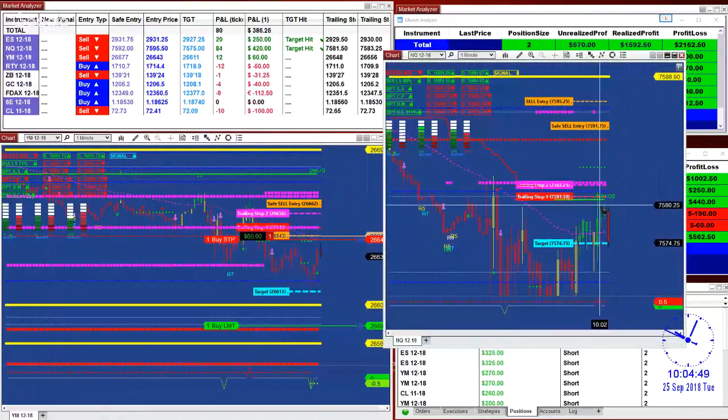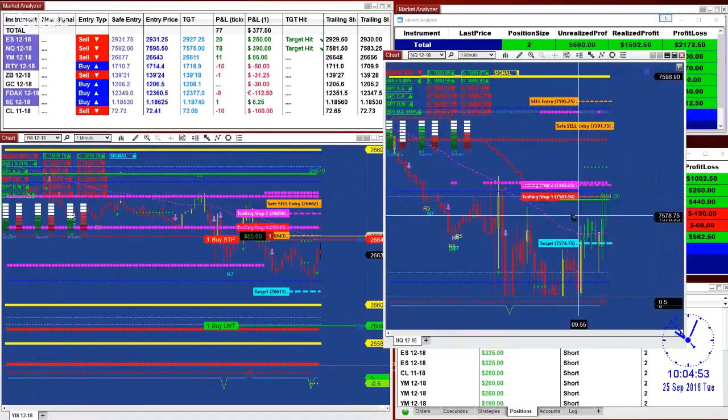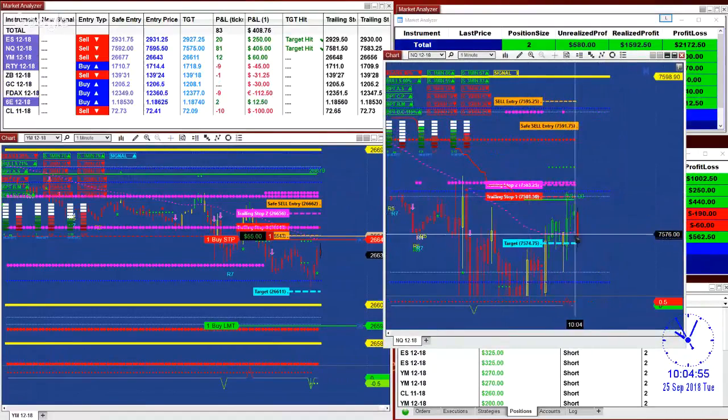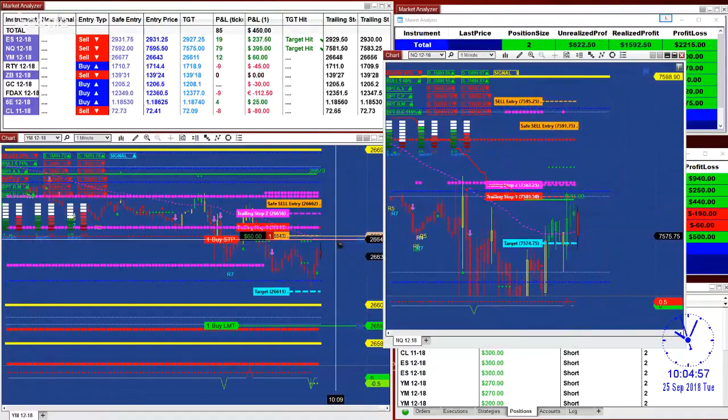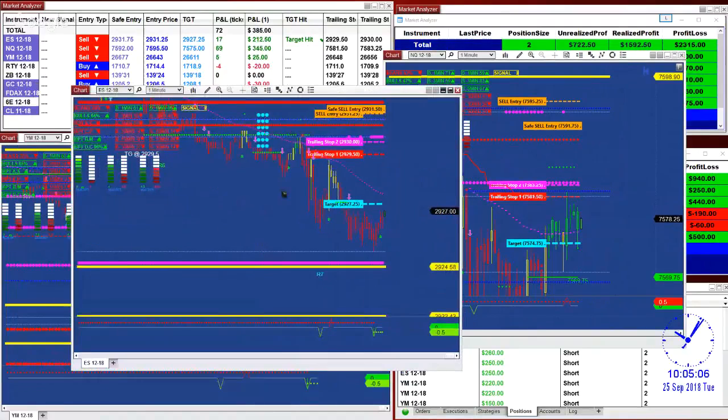You see how this market came in exactly to the true average price, and this market had just jumped and kicked back. So if you notice what I have done to the trailing stop, they are all in a way connected, you know.